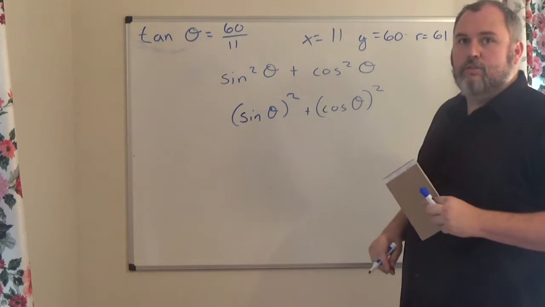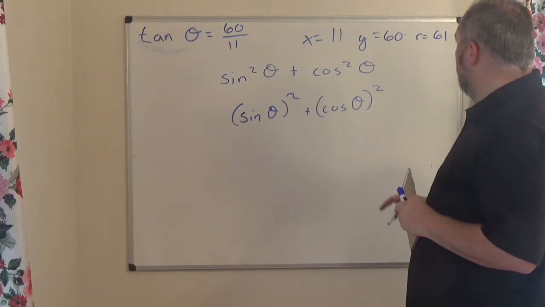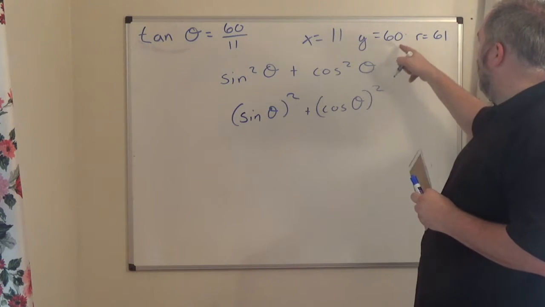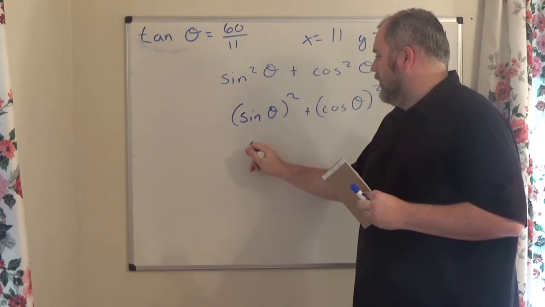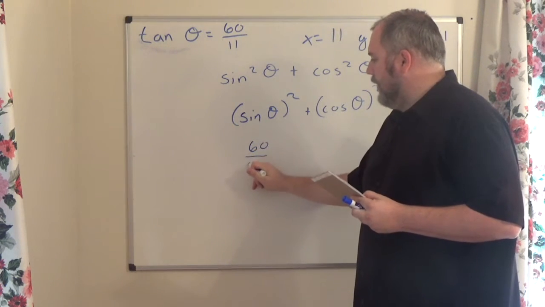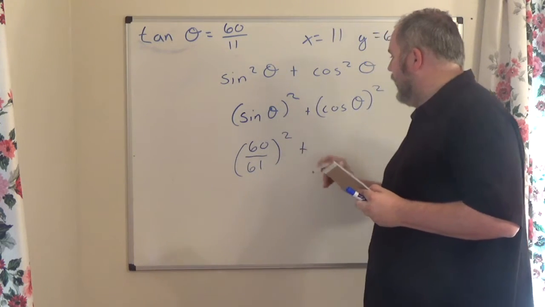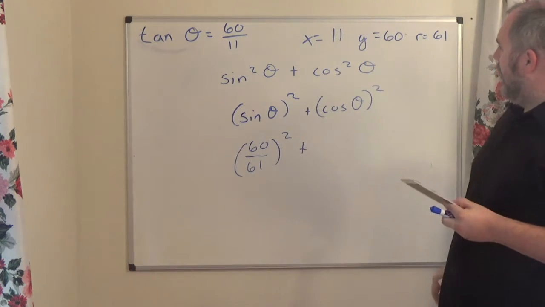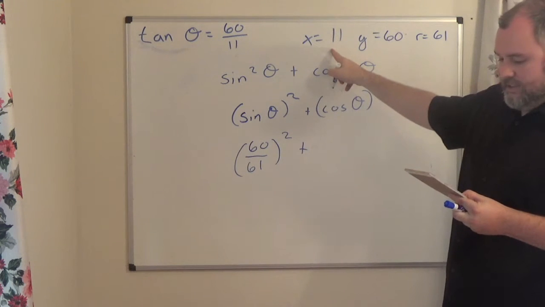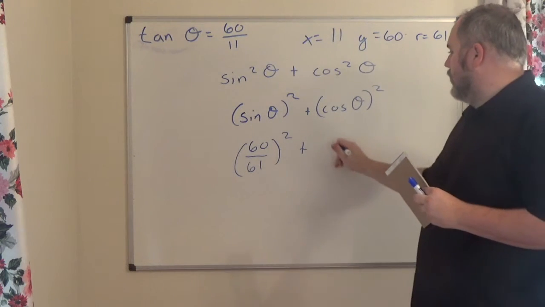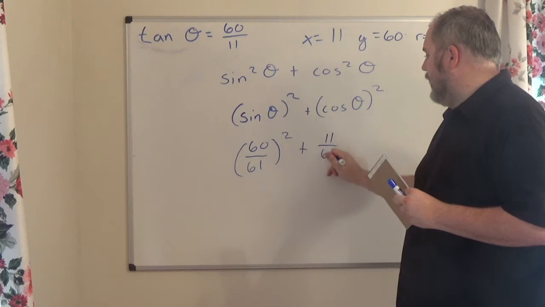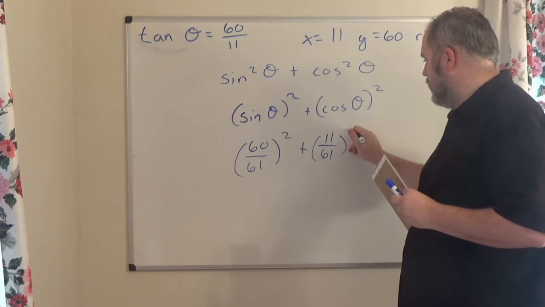Well, our sine is going to be y over r, so it's going to be 60 divided by 61, squared. And now we need to find cosine of theta, which happens to be x, which is 11, divided by r. So it's going to be 11 divided by 61, squared.